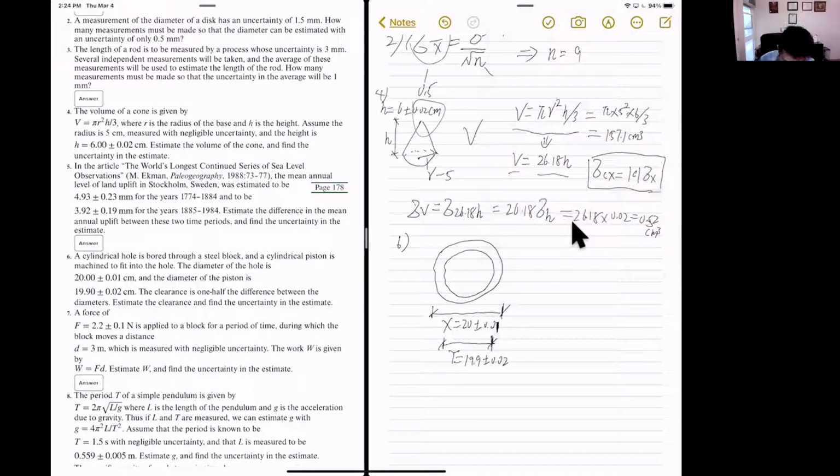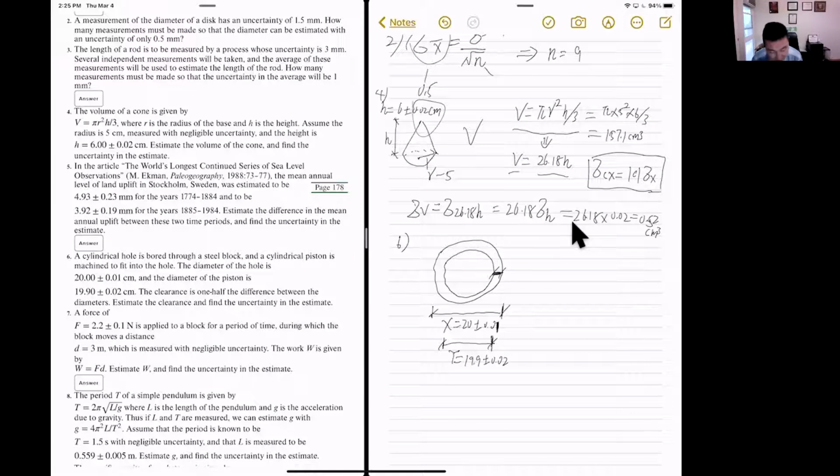And then the clearance is 1/2 the difference between the diameters. So the clearance is this. Okay, so that's the clearance. So yes, it is half of the difference between x and y, so half of the value of x minus y.